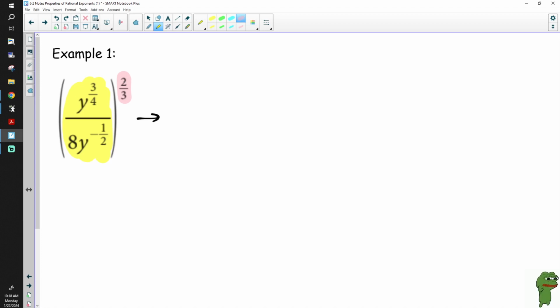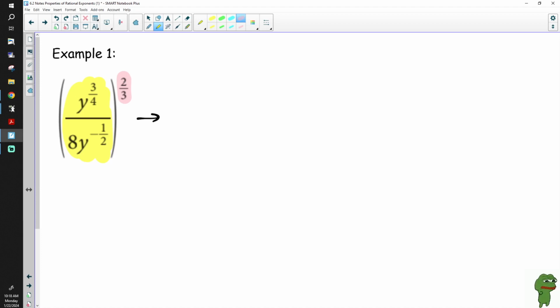Which one is a fraction raised to a power? Power of a quotient. And what do we do with the power when it's a power of a quotient raised to a power? What do you do with that power, that red power I highlighted?